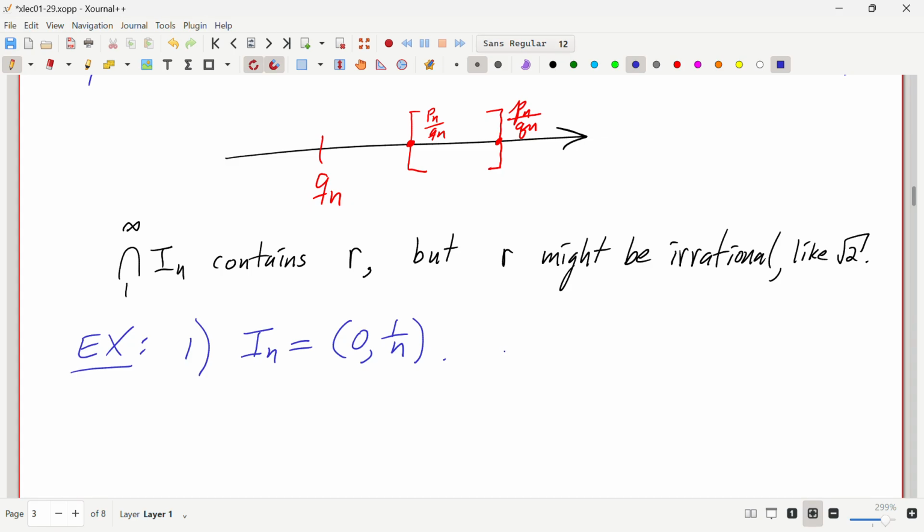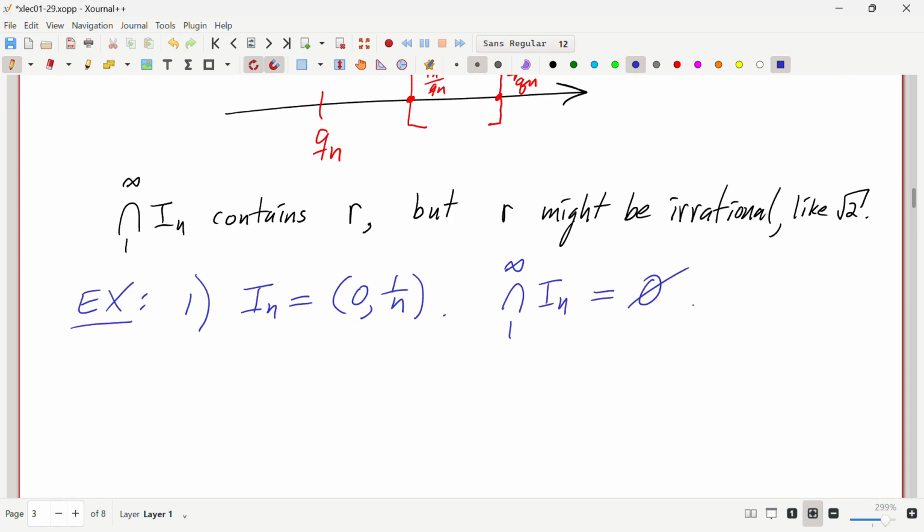Then the intersection of those In is empty. It doesn't contain anything. Let's suppose it contained an R. Of course, the R would have to be positive because all those things are positive real numbers. And you can eventually get a 1 over n that's less than that R. So R is not in there. So that's how you show it's empty. That was the Archimedean corollary.